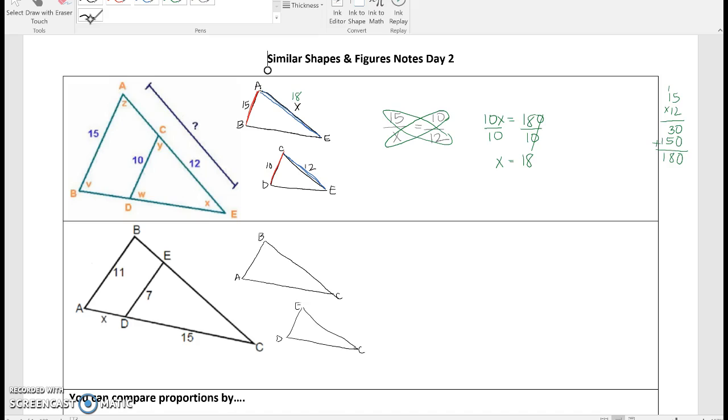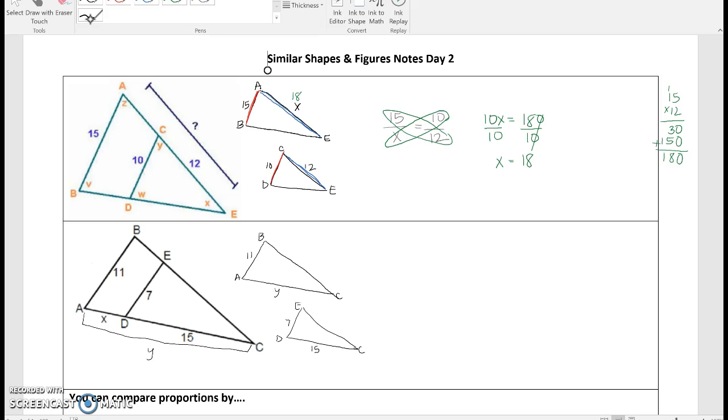This one here is 11. And then, let's see, I don't know what this is, but that little piece is x. Okay, so I'm going to say that this whole big piece is y. So I'm going to put a y here, and then DE is 7, and this piece is 15.